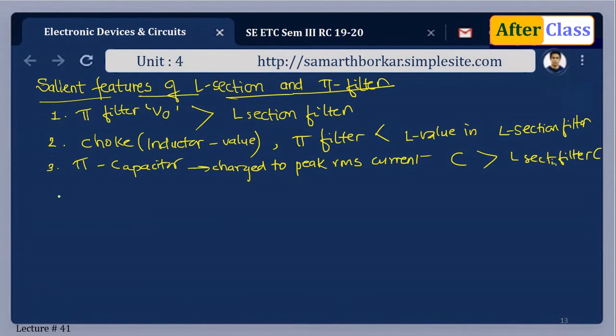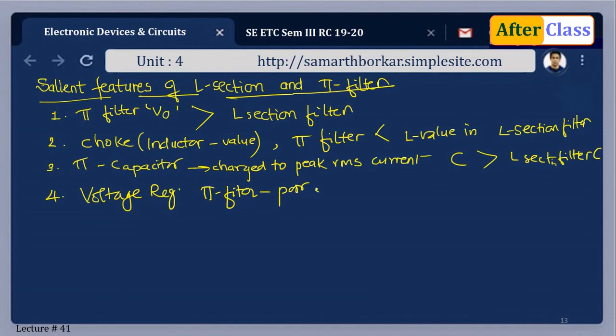Now the most important point is this fourth one. The voltage regulation in case of a PI filter is very poor, as we already mentioned.